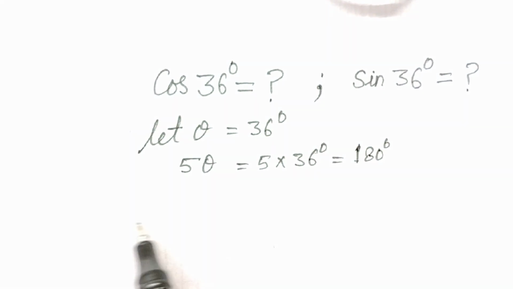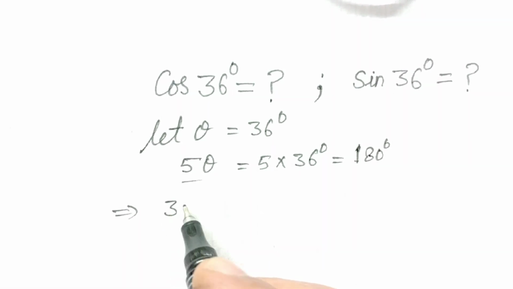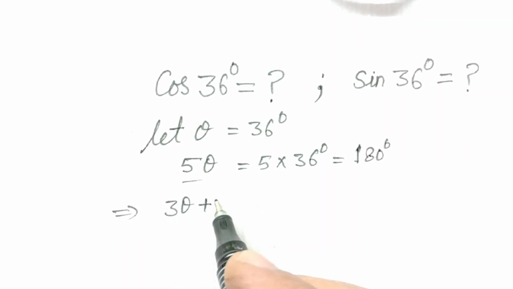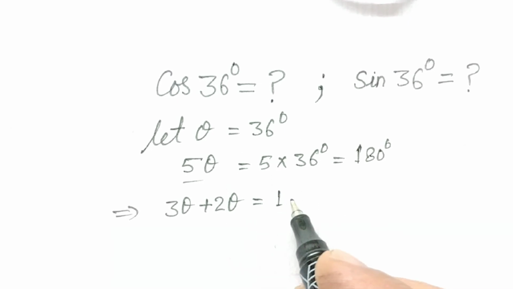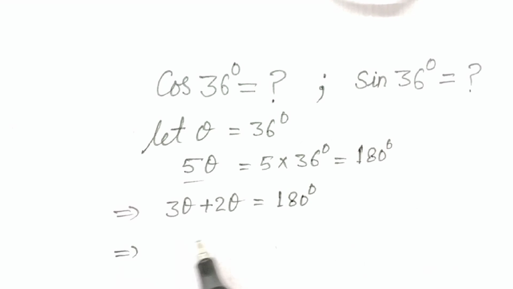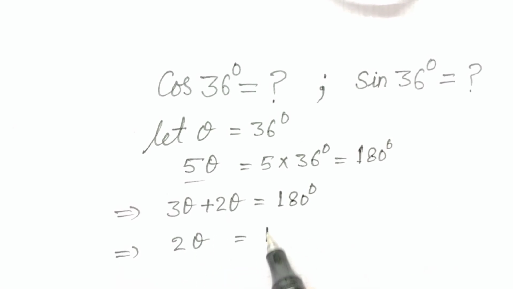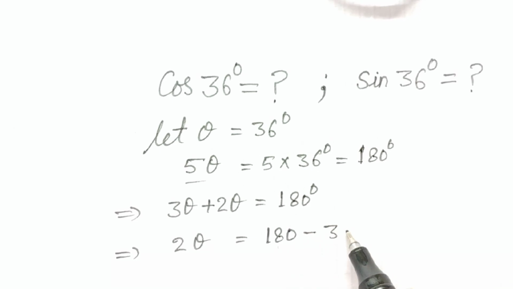Fine. If we break this as 3 theta plus 2 theta is equal to 180 degrees. Fine. So 2 theta will be equal to 180 minus 3 theta.